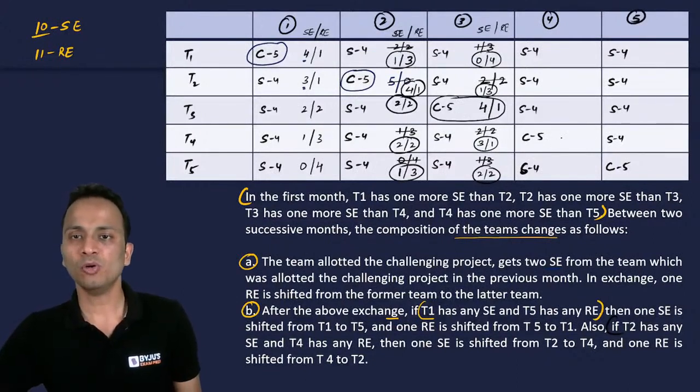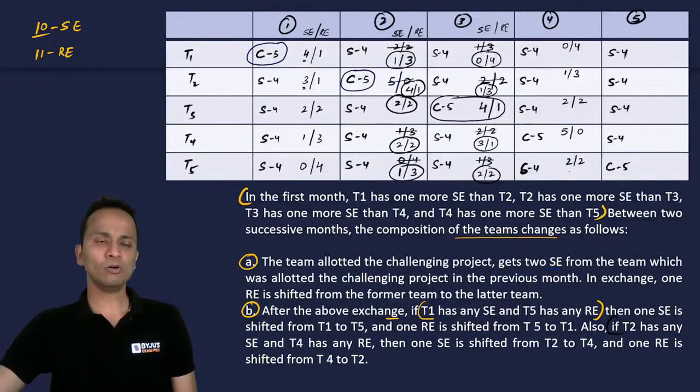Okay, so special will increase by 2 for team number 4, so it will become 5, and regular will decrease by 1, it will become 0. For team number 3, special will reduce by 2 and regular will increase by 1. Okay, writing the number of employees for other teams as it is.